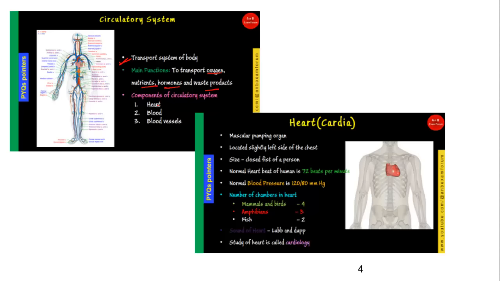The first one is blood, that we are going to take in a separate session. The second one is the heart, and the third one is the blood vessels. We have seen all such pointers in our theory class, and I'm not going to repeat them in today's session. You can just note them down.